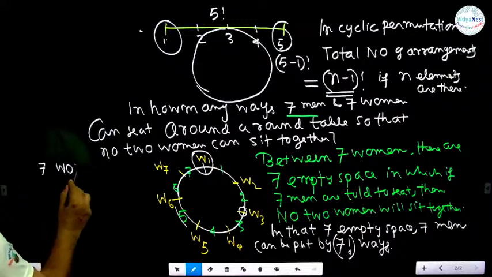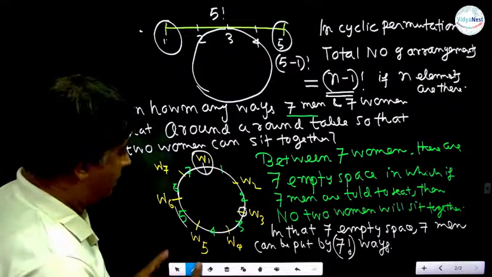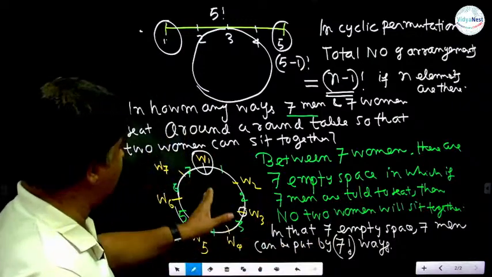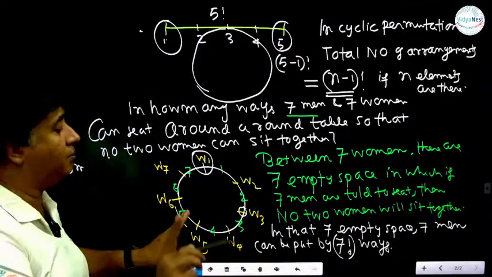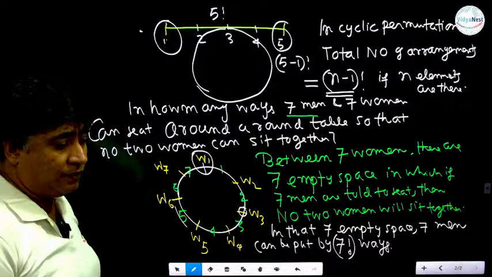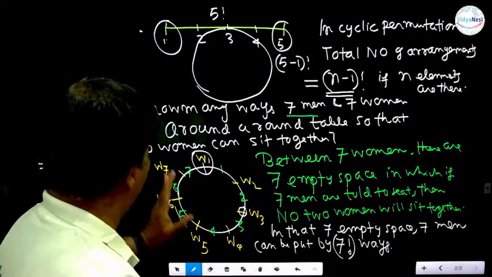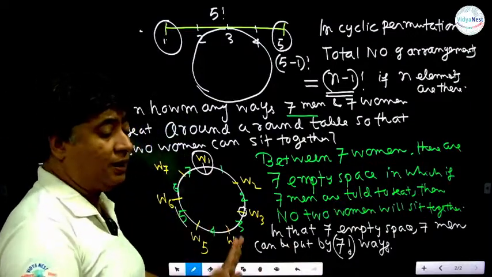Could you follow this? In factorial 7 ways I can arrange the men. But what about the women? Can their position be fixed?